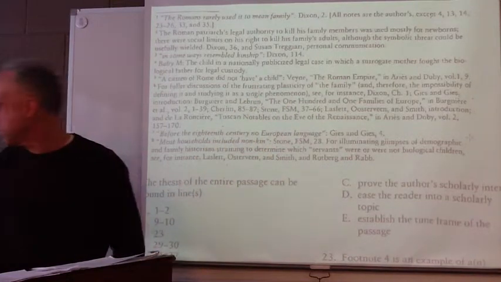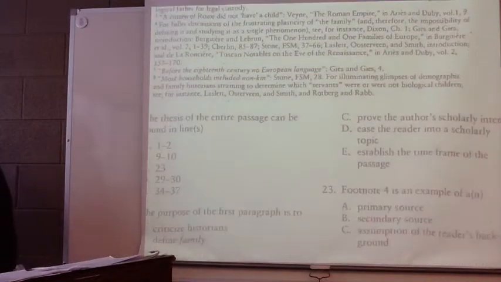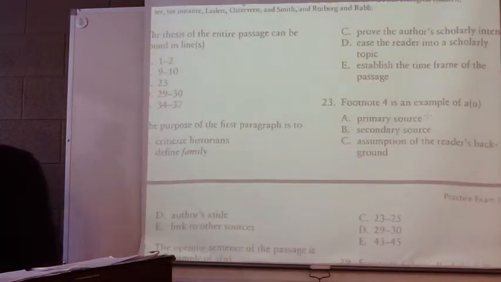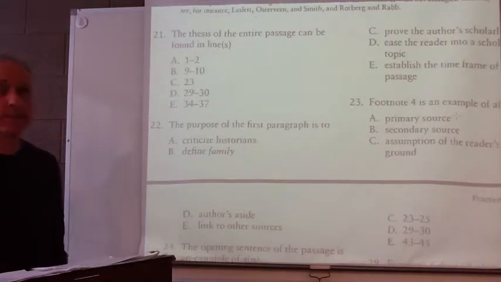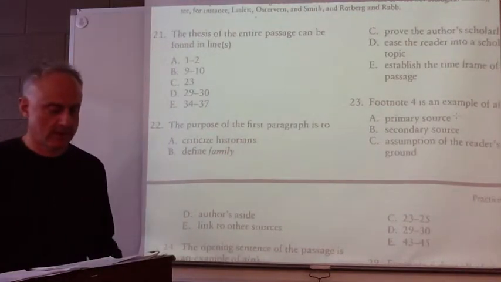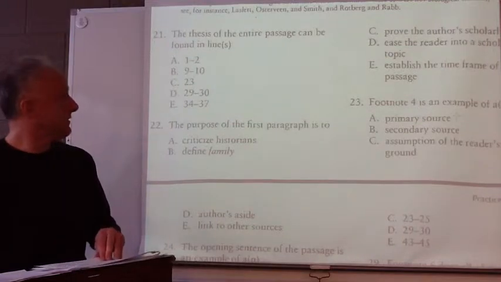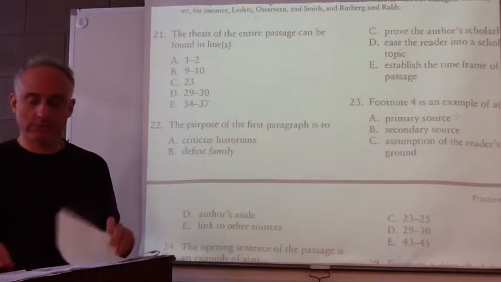So let's go through a few of the questions. But I've already gone through a lot of them by explaining the article itself. So they say the answer is A for 21.